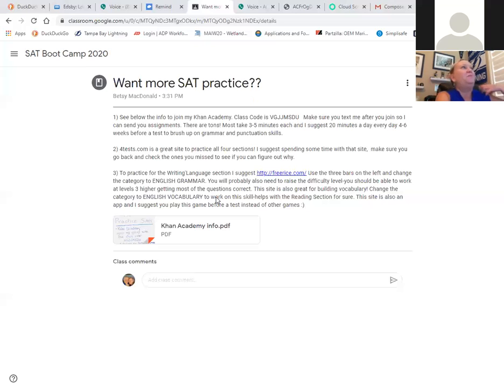I'm here to help. So the other part besides vocabulary on Free Rice that they added year before last, I believe, and it's really, really good. If you change the area in there, change your section, I've given the details there. If you change it to English grammar, it is almost exactly like what you're going to encounter.